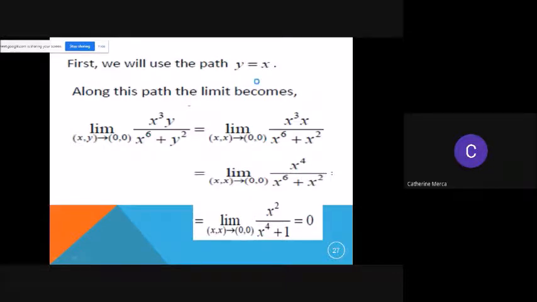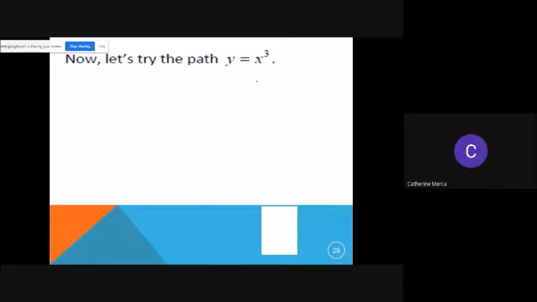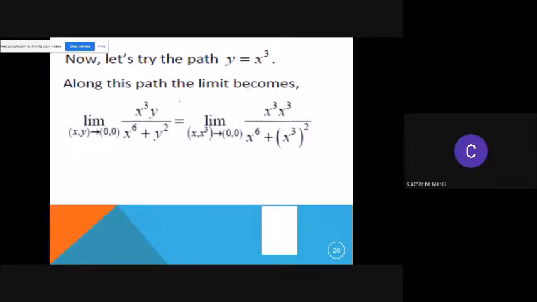Let's consider another path: y equals x cubed. Along this path, the limit now becomes what? Your y is replaced by x cubed, and y squared is replaced by x cubed squared.